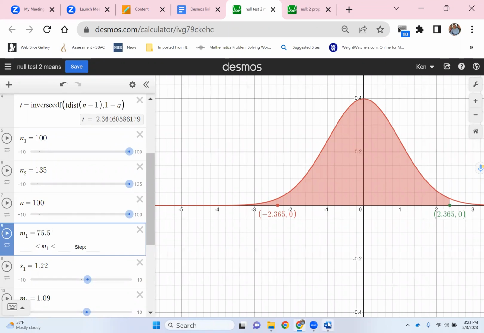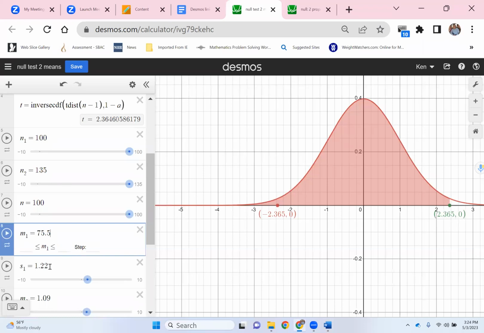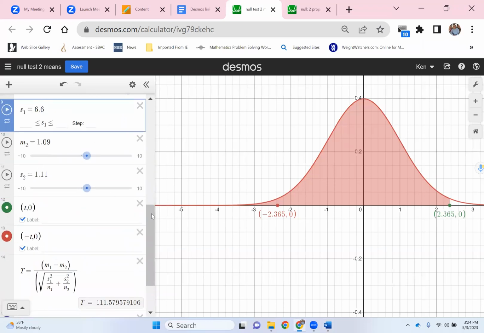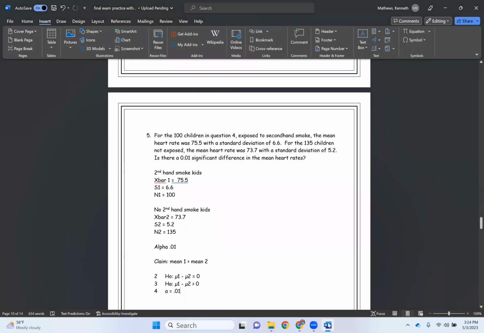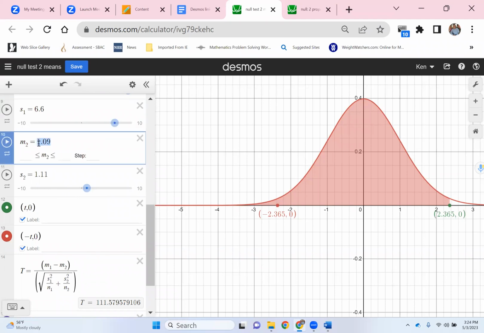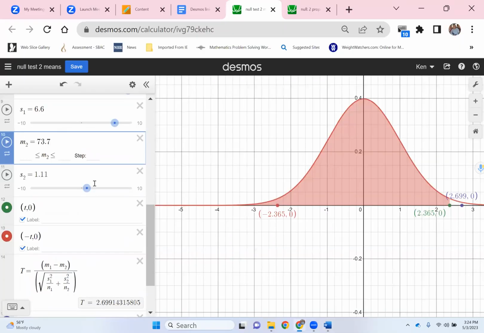And the first standard deviation, 6.6. Second mean, 73.7. And the second standard deviation, 5.2.